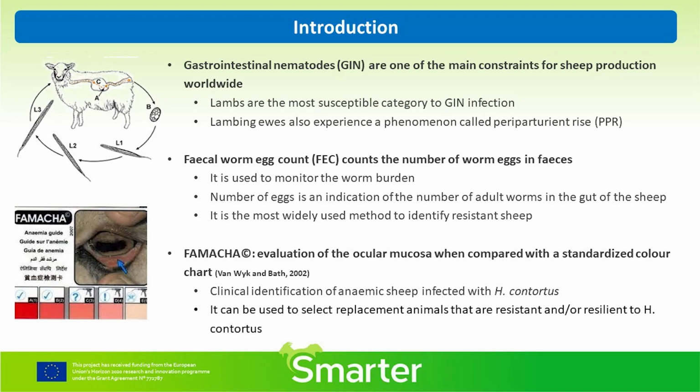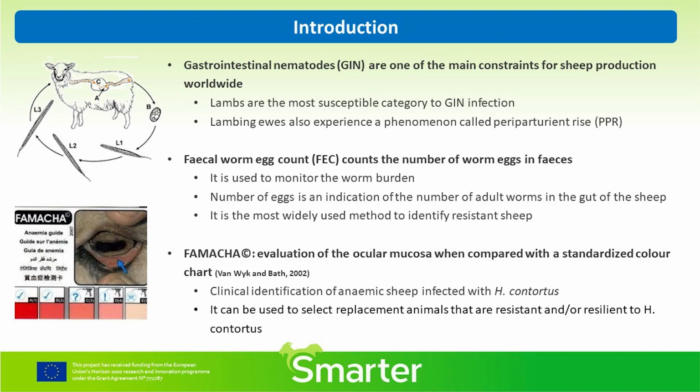FAMACHA, which is more or less the same picture that Rachel showed today, is a measurement of the mucosa around the eye to compare the level of anemia, pink and white being clear symptoms of anemia.